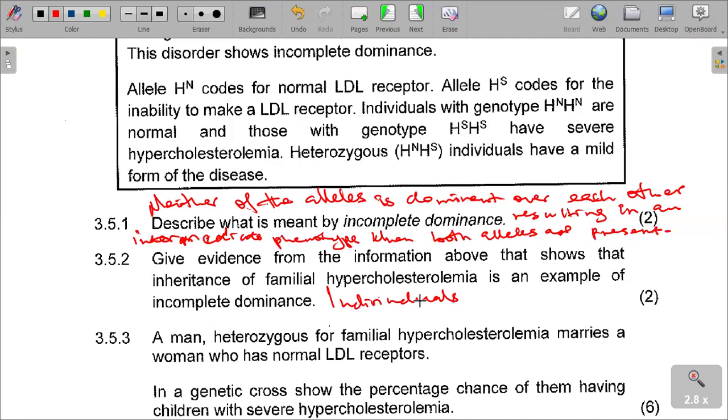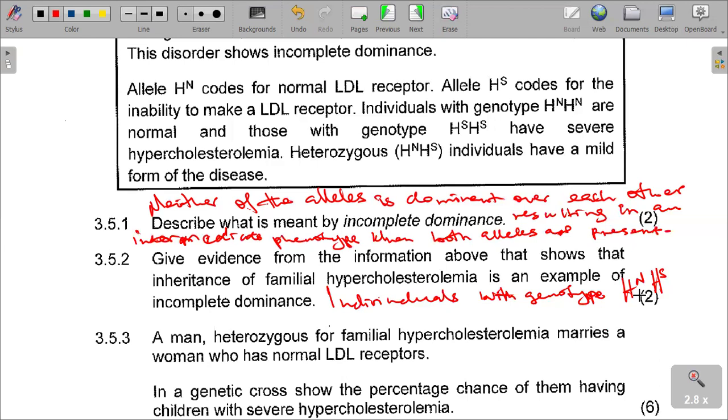We have got individuals with the genotype HN and also HS.